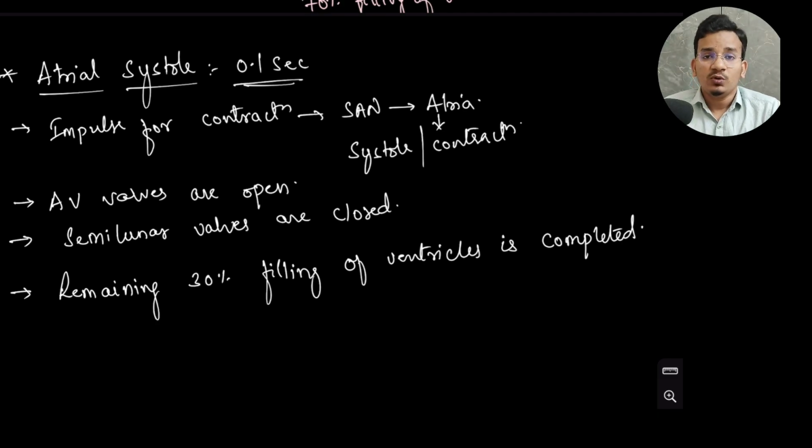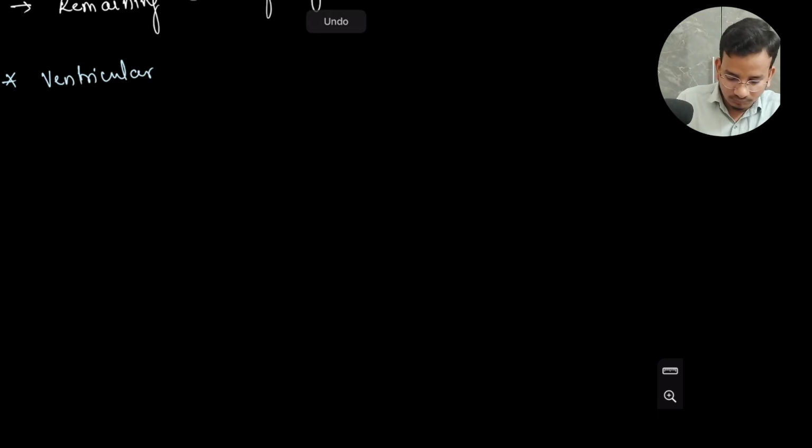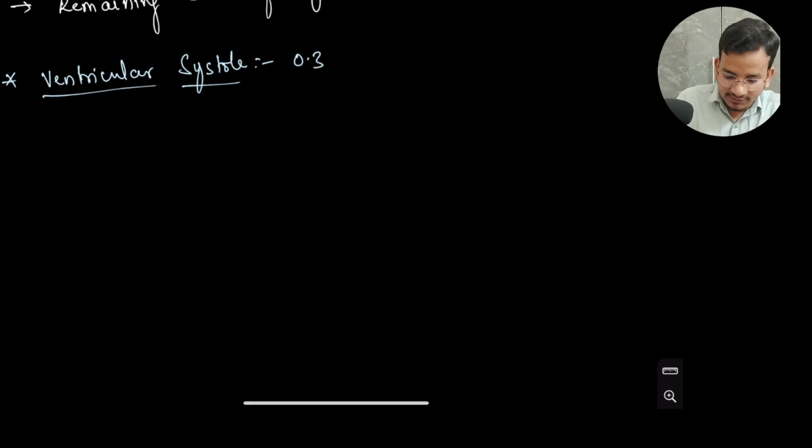Okay, so the next one is the third step, that is the ventricular systole. Ventricular systole lasts for 0.3 seconds.